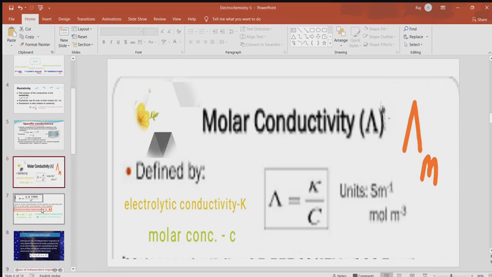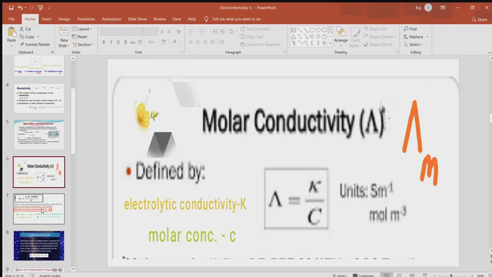Therefore, the conductivity of a solution depends upon the number of ions present in the volume of solution. The solution of higher concentration contains more ions, and conductivity is also higher. The German scientist Kohlrausch in 1880 introduced the term molar conductivity: lambda is equal to K upon C.